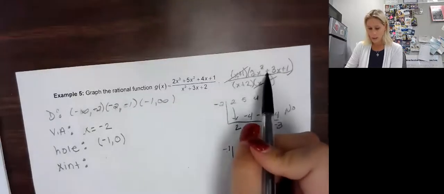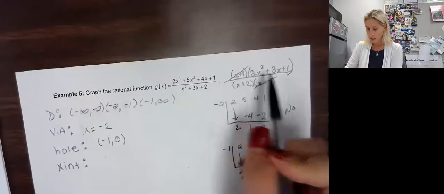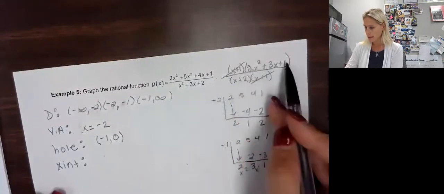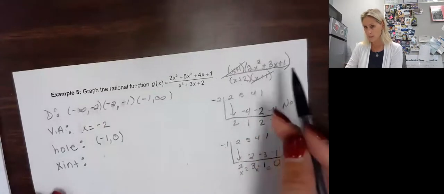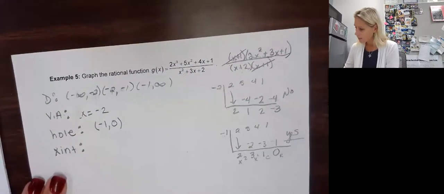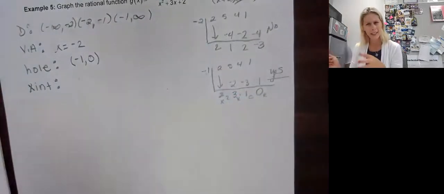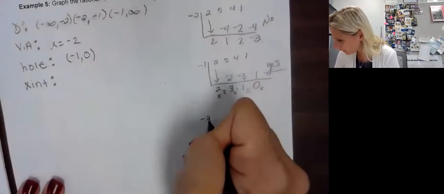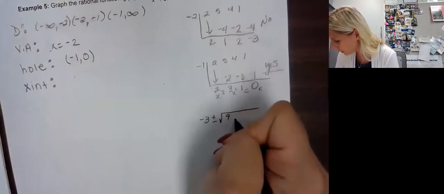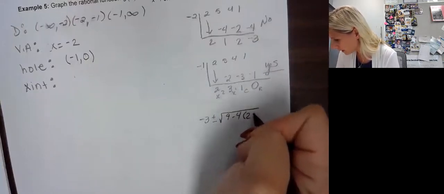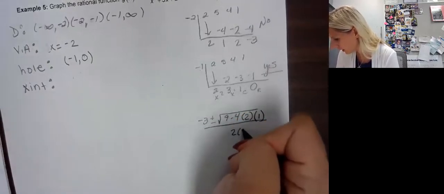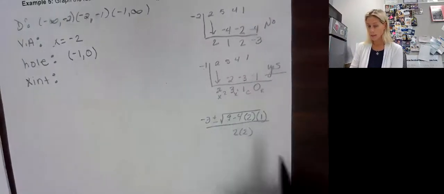Okay? But when we look at this and we solve, do the quadratic formula, right? Set this equal to 0. We can use the quadratic formula. I'll do this work this time because I'm second guessing myself. So -b plus or minus the square root of b squared minus 4 times a times c, all over 2a. Well, that's 1, so that's the square root of 1.